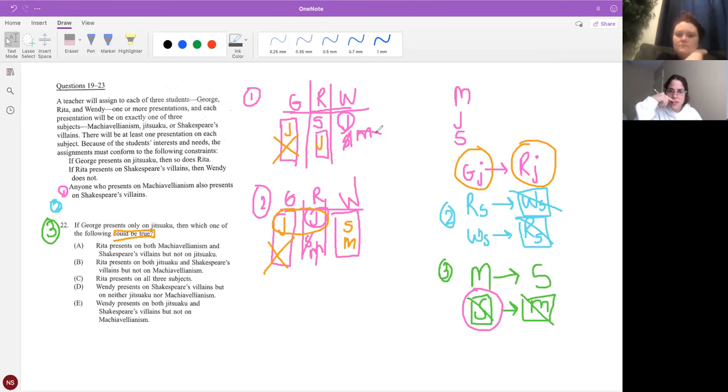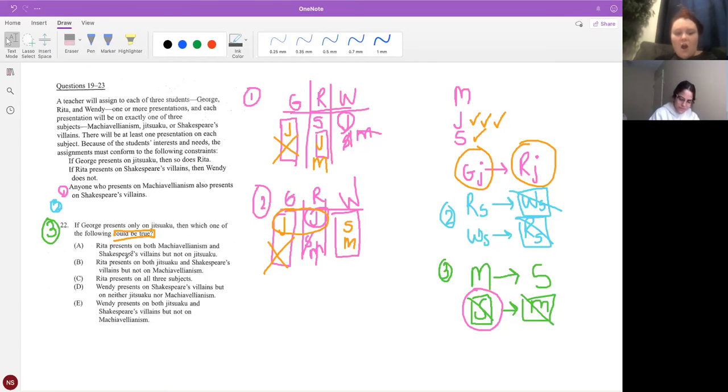S and J. And M has to go in R, because it can't be in W, and the only one that goes in G is J. Excellent. All right, so now let's start with A.